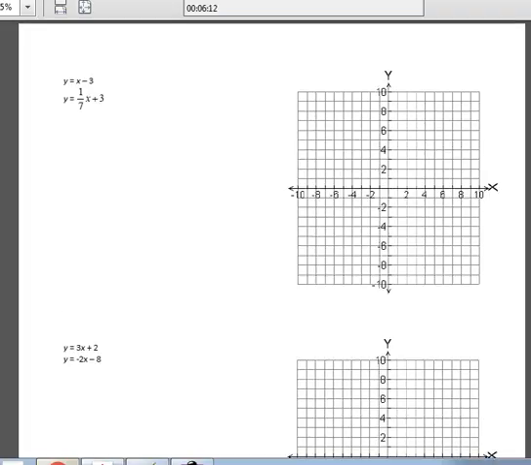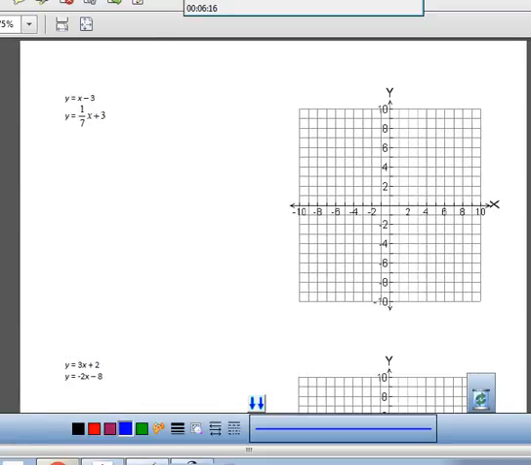Alright, so over on page 8 we have a couple more examples. We'll go through this kind of quickly here. So we've got our two equations. So y equals x minus 3. Remember, we're going to pretend there's a 1 there.